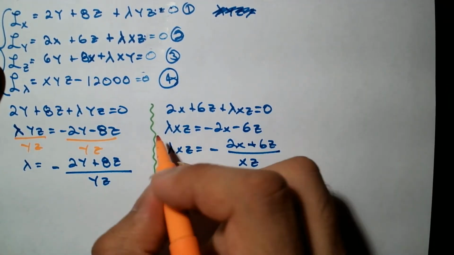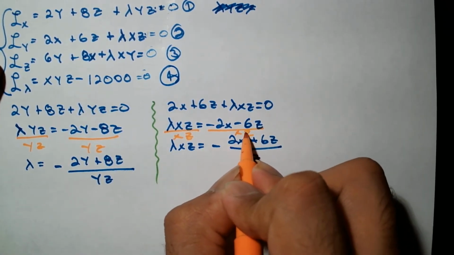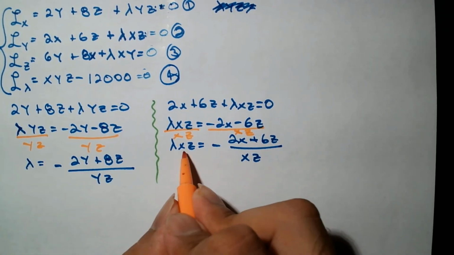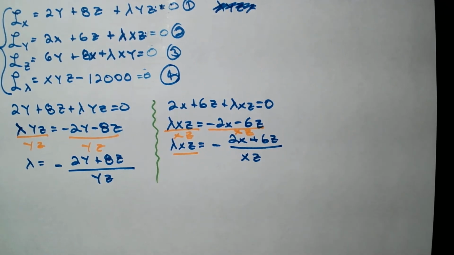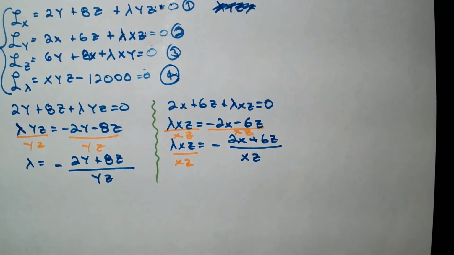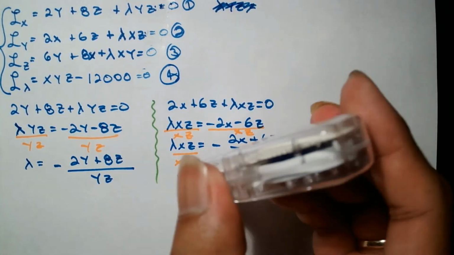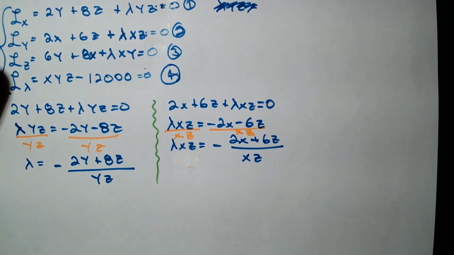Divide both sides by xz. Wait a minute, what am I doing here? I'm dividing by xz here. Never mind. Okay, we're good here.